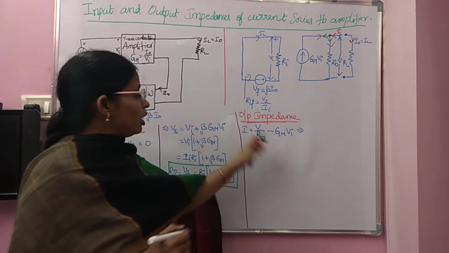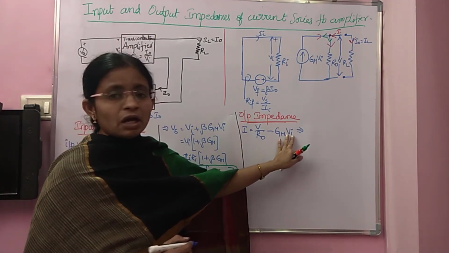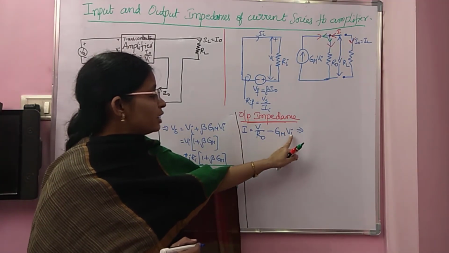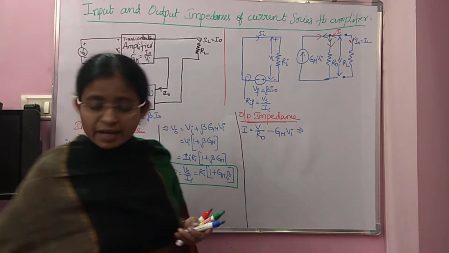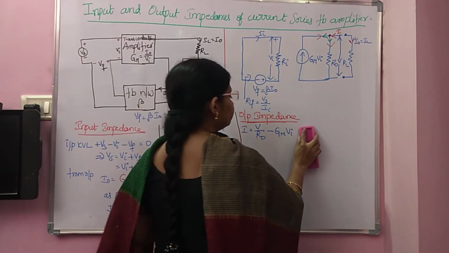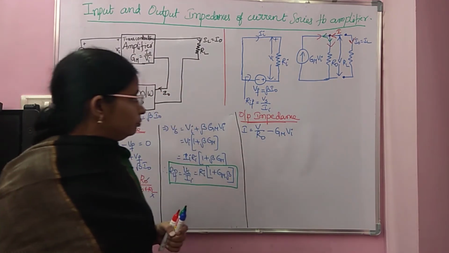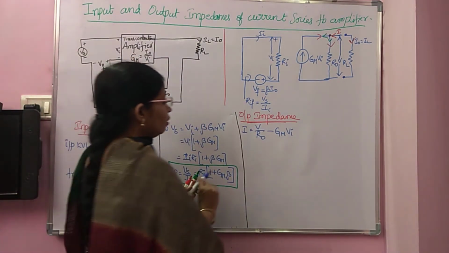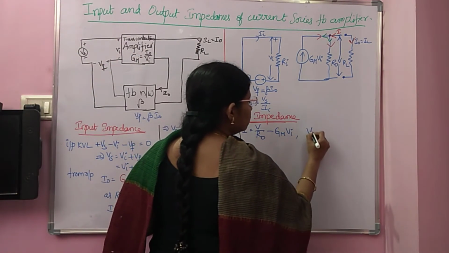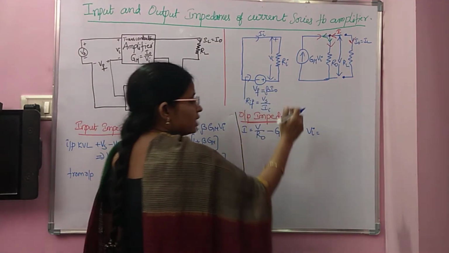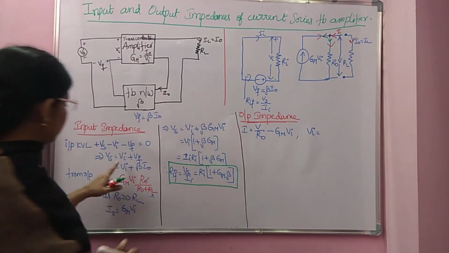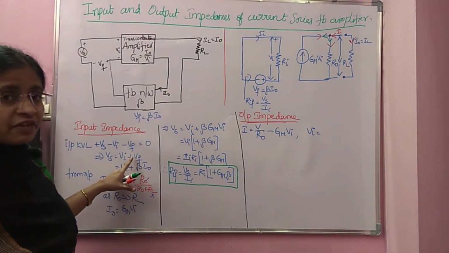Now, what you have to replace? You have to replace your Vi. To replace Vi, you have to use the input circuit. So, what is Vi here? We know from the input KVL that Vs is equal to Vi plus Vf.